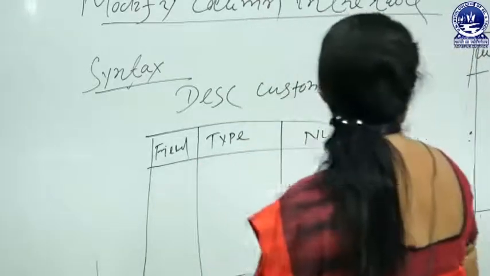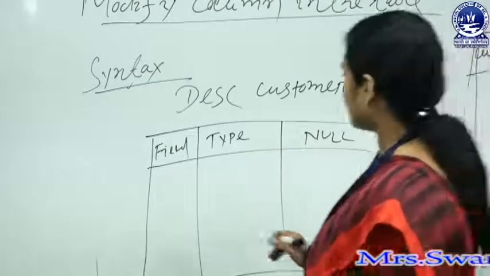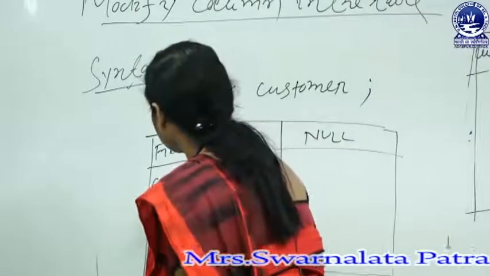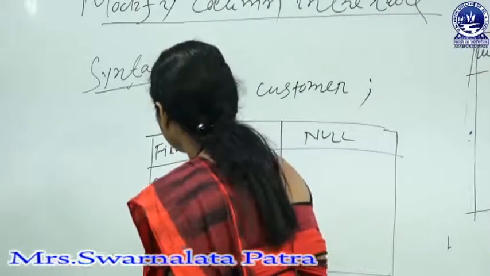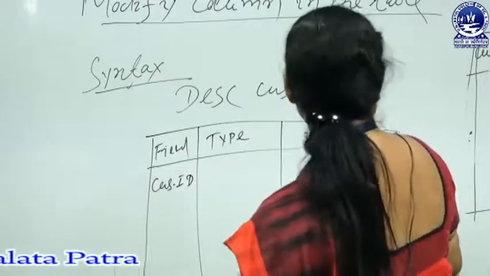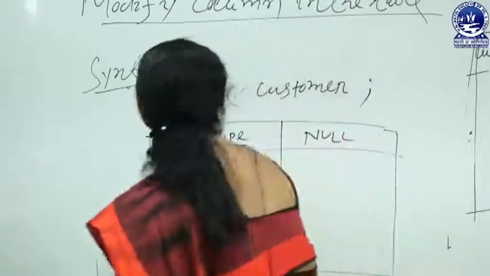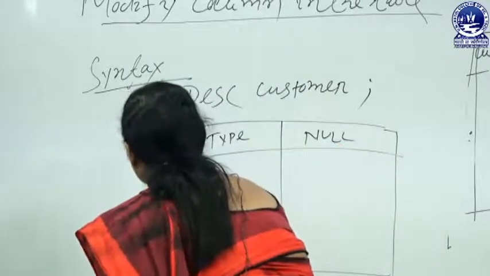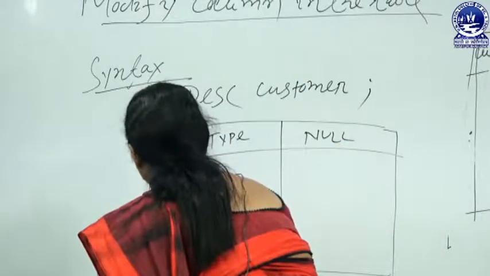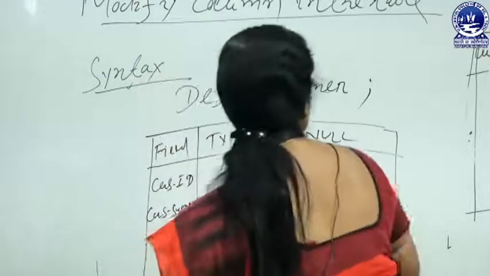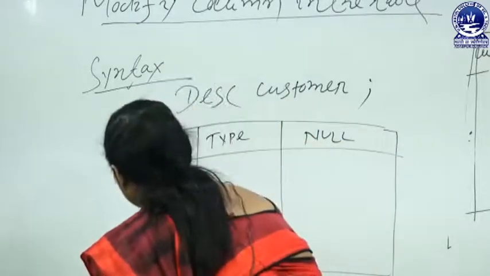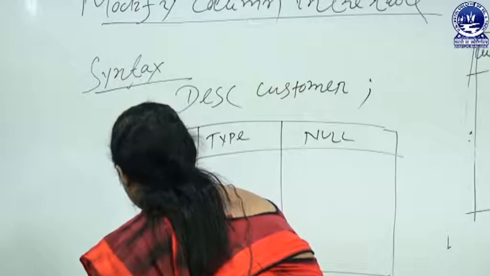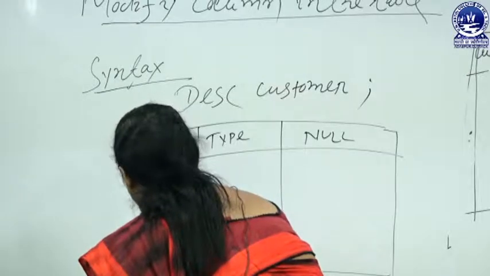The fields are customer ID, customer surname, then customer first name.